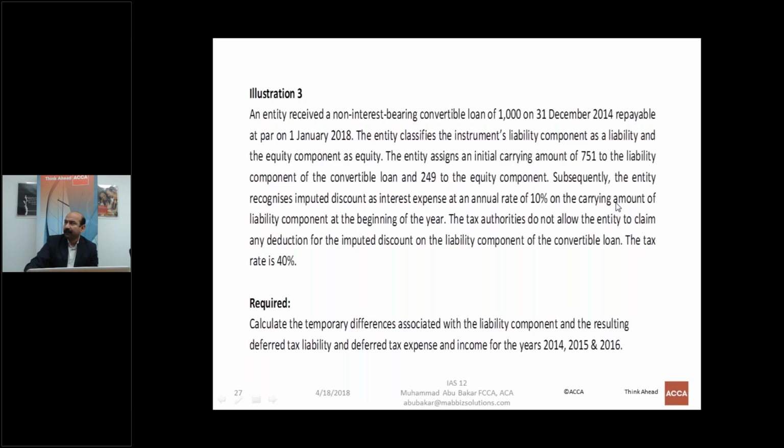Compound financial instrument. So this example, this illustration is, I hope, available with you people. This illustration is uploaded on GoToWebinar and also on Google Doc. So it is better you download this illustration so that the illustration material is in front of you while we are discussing its solution.